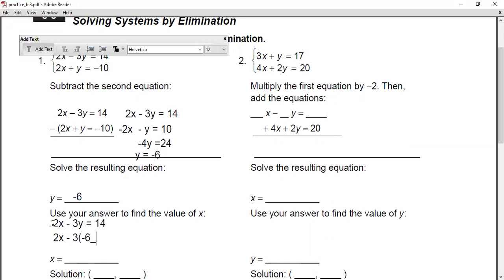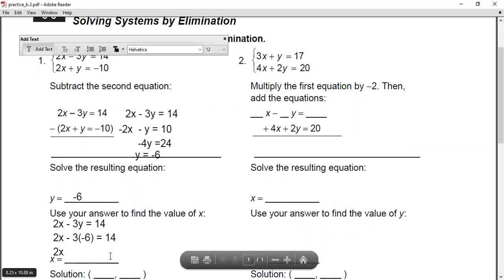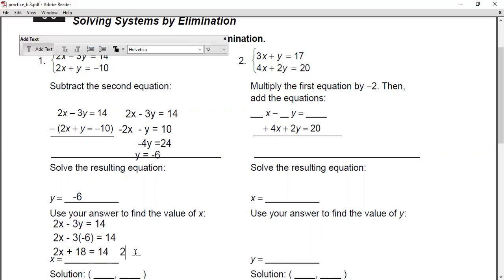So 2x minus 3 multiplied by negative 6 equals 14. Negative 3 into negative 6 is going to give you a positive 18, so 2x plus 18 equals 14. I'll do it beside because there is not enough space. So 2x is going to be equal to 14 minus 18.